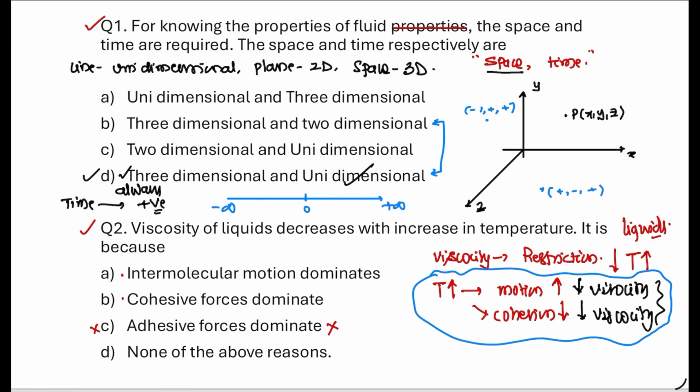Both answers look almost similar and have a similar type of effect. But something dominates more and something does not dominate. Cohesive forces dominate in case of liquids. Please make a note of it. This is the answer.